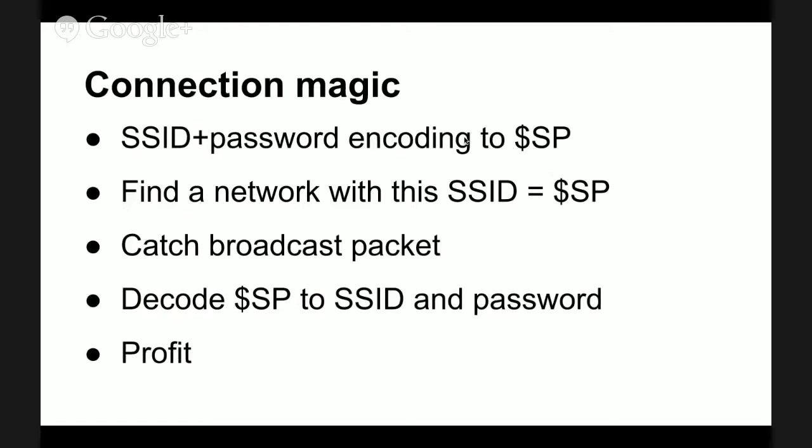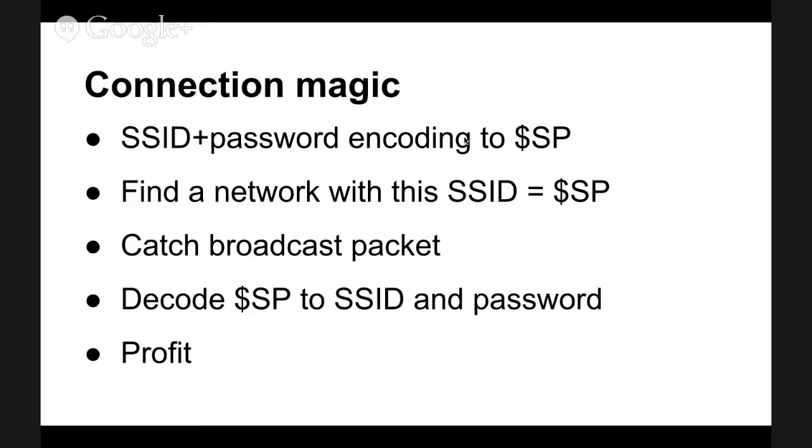Inside this process, there are 5 stages. First stage, your iPhone or your Android combines the SSID and password into a packet and tries to find a network with this SSID. Of course, it's an API call from all operating systems such as iOS or Android, and it's a legitimate operation to find a wireless network with any SSID.